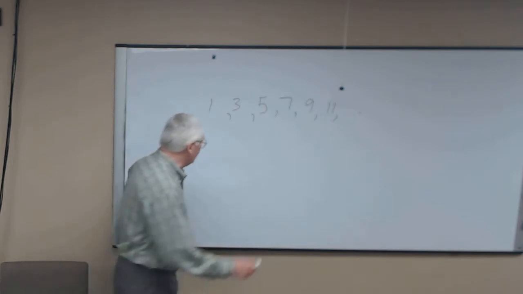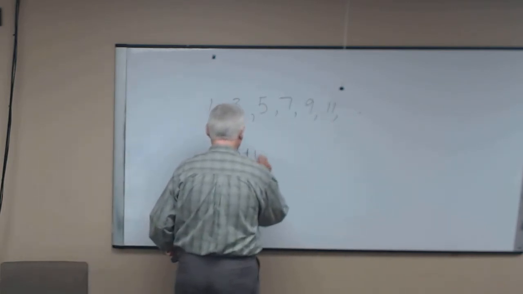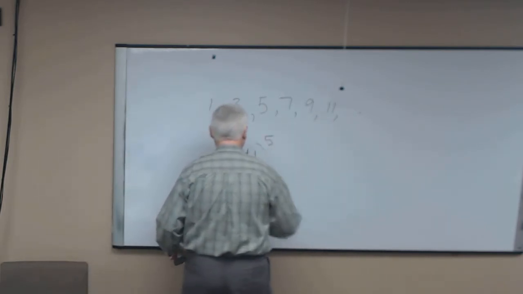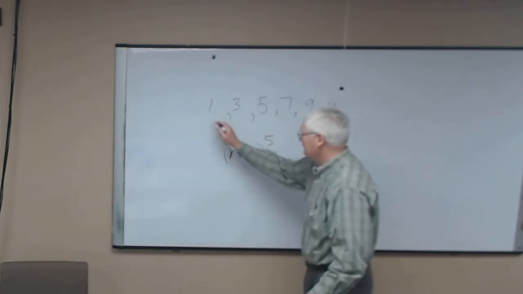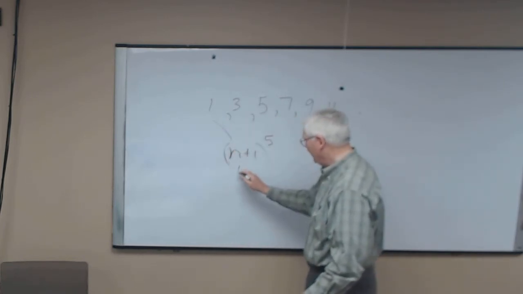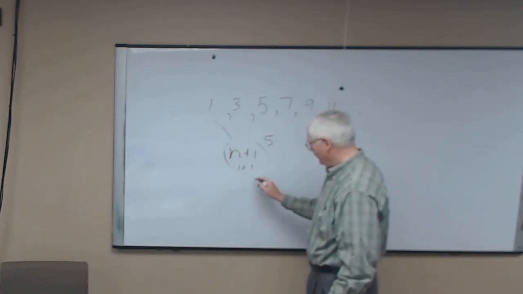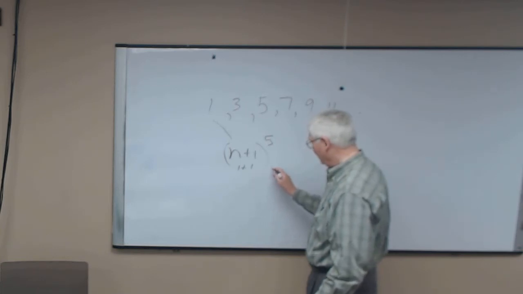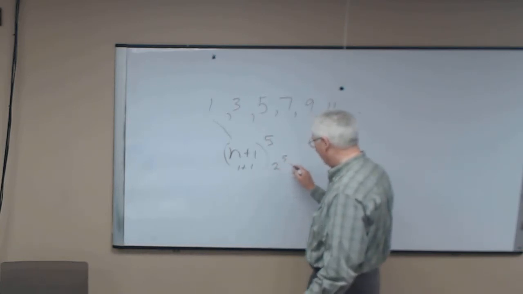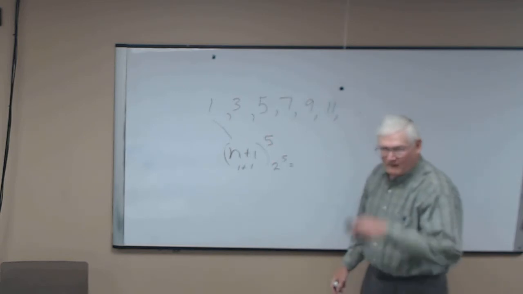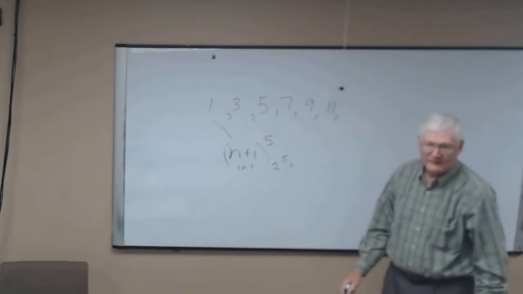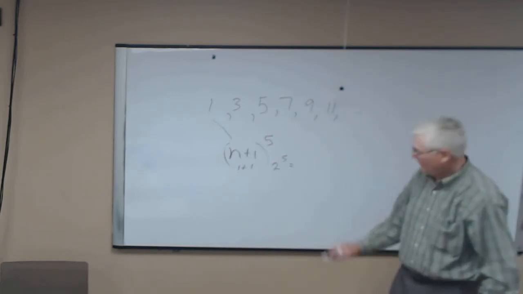Then what kind of number is n plus 1 to the 5th power? Well, let's just put 1 in here. What's 1 plus 1? 2. What's 2 to the 5th power? 32.